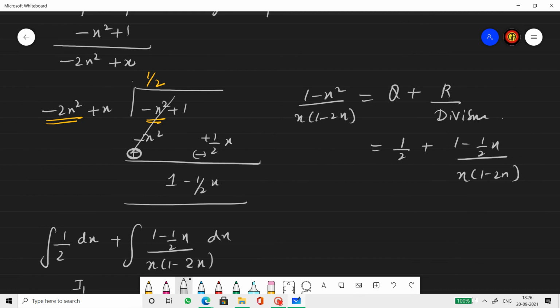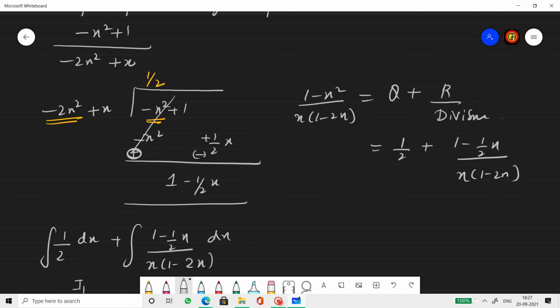Now dividing this by this, the long division, only to an extent that we come to a remainder where the degree is lesser than the divisor degree. That's all. You don't need to complete the whole division. Just come to a point where the degree of the remainder is less than the degree of the divisor.